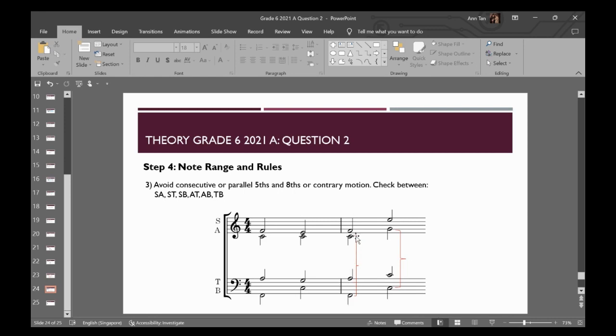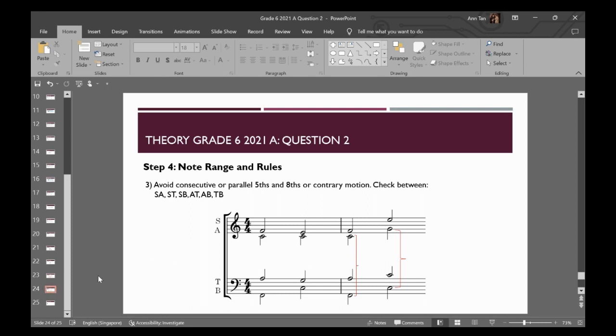So when we compare alto to bass, alto to bass, they are a fifth apart. This is what we mean by parallel fifth. They move in the same direction, and it should not be consecutive fifths apart. And this is not allowed. So we have to change the voices, right?